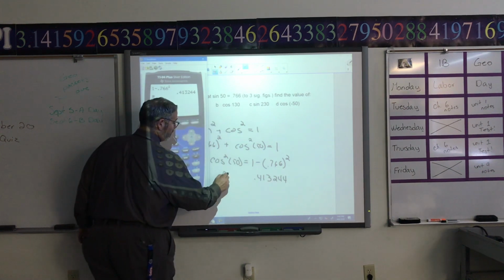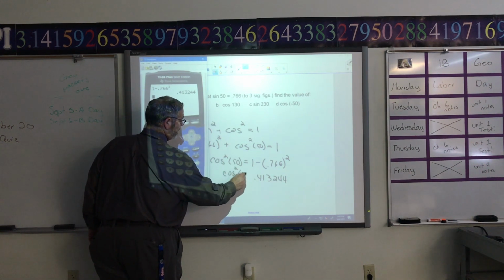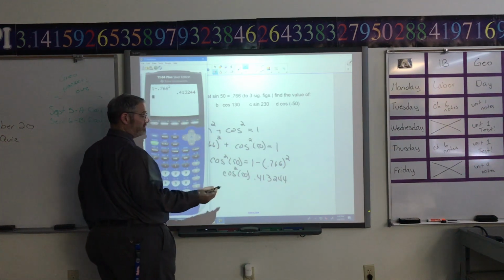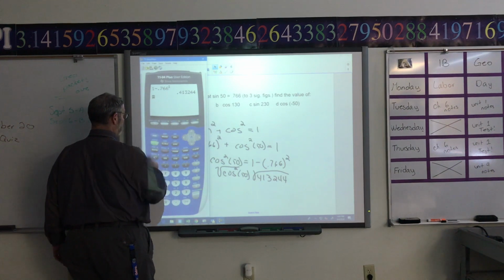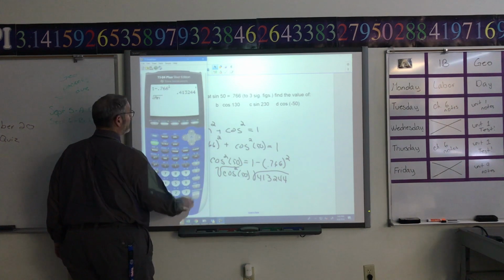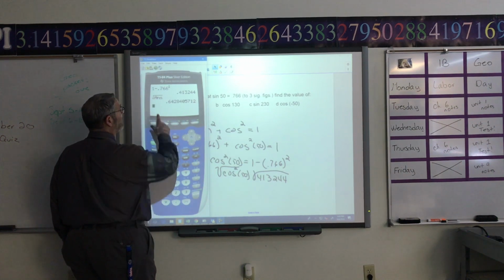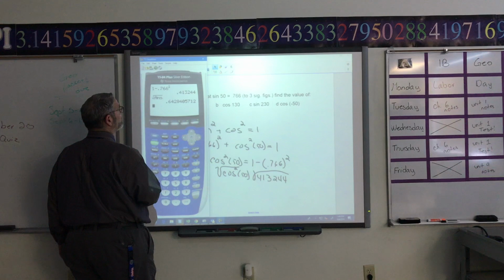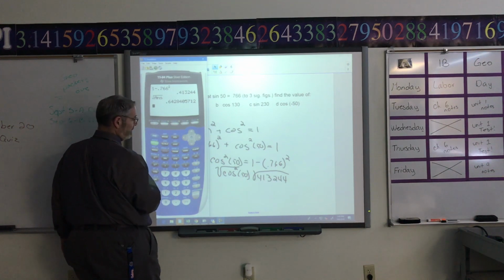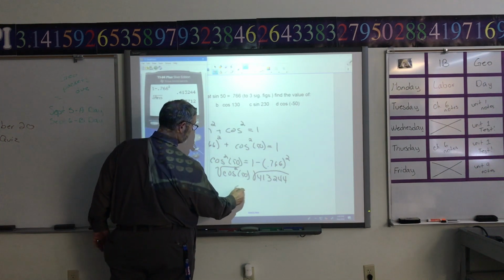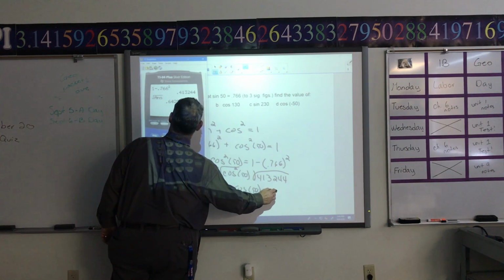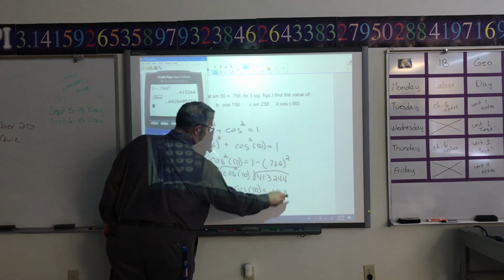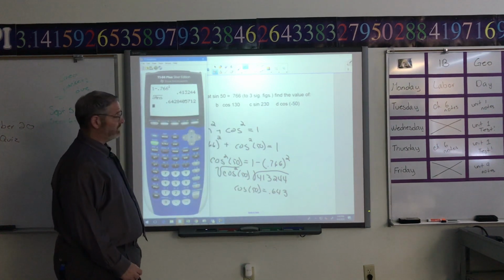So 0.413244 is equal to the cosine squared of 50. Well, I don't want the cosine squared, I just want the cosine. So I take the square root of my answer, and I get the cosine of 50 degrees is 0.643 to 3 sig figs.